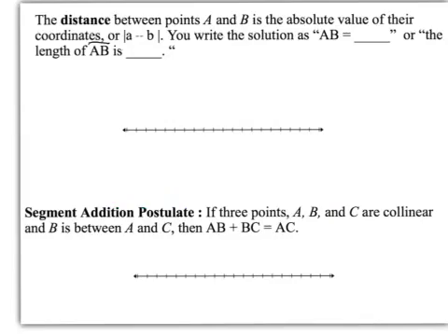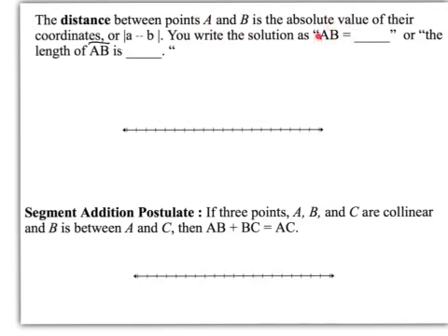So, the distance between points A and B is the absolute value of their coordinates, or A minus B in absolute value symbols. Now you would write your solution, the length between A and B, as AB equals.